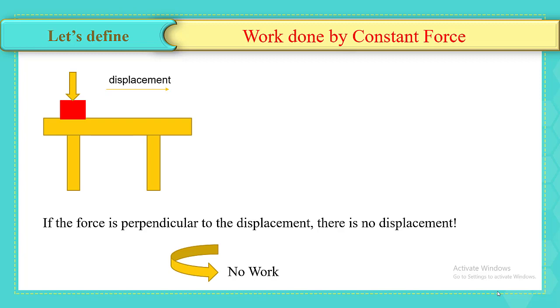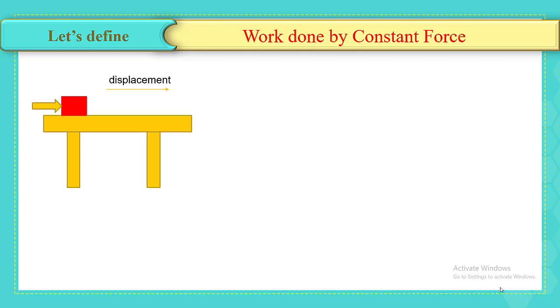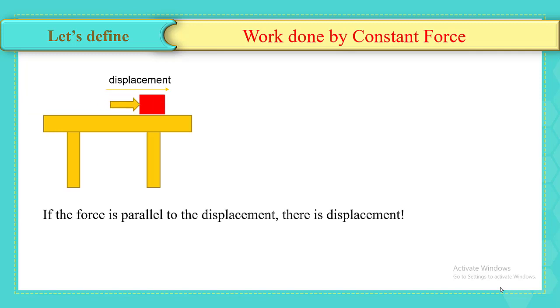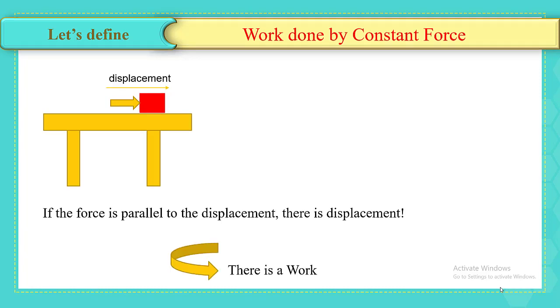So we can say that if the force is perpendicular to the displacement, the work done by this force is zero. To displace the object, we have to apply a force in the direction parallel to displacement as shown here. So if the force is parallel to the displacement, there is a displacement and therefore there is work.